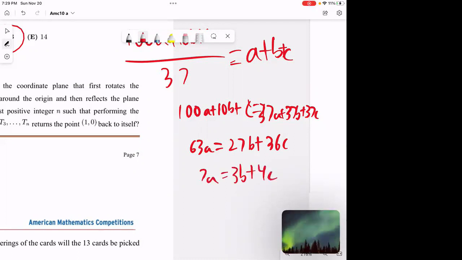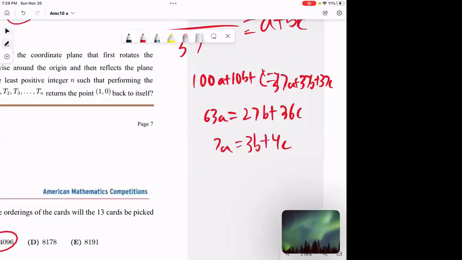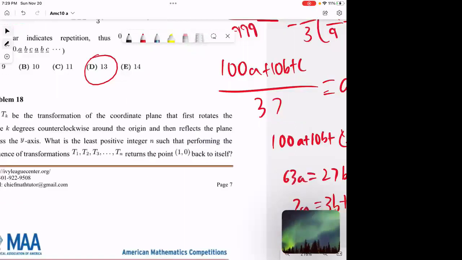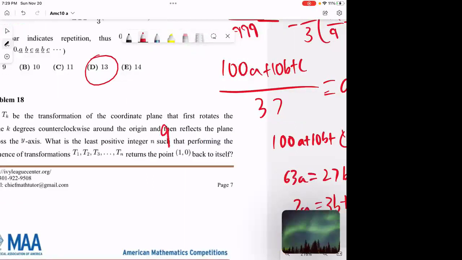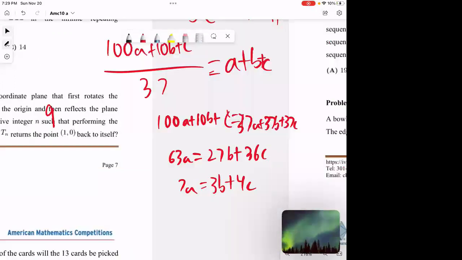Now from here it's easy to just assume that A equals B equals C, and that does give us 9 solutions, right? That gives us 9 solutions: 111, 222, 333, 444, and so on, right?